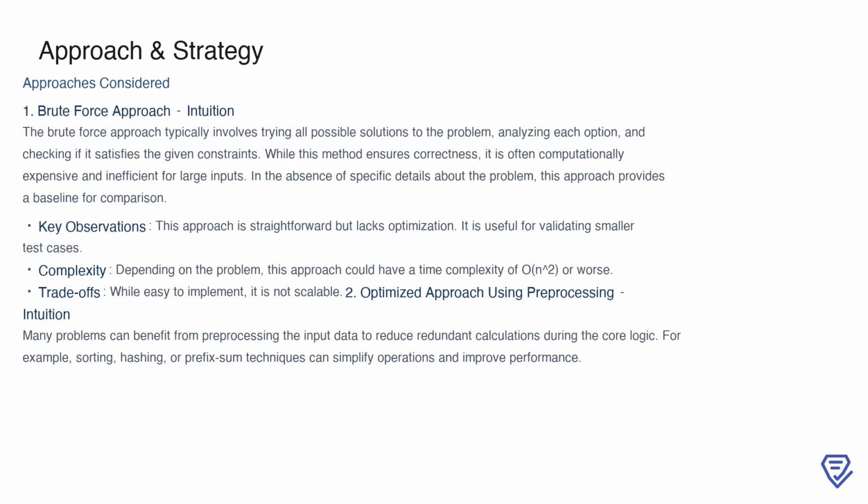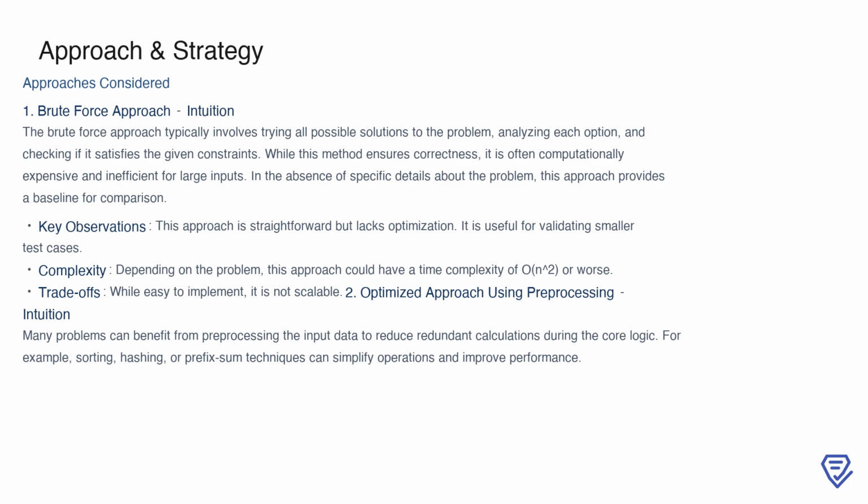When tackling any problem, the brute force approach is often the most intuitive starting point. This method involves exploring all possible solutions, ensuring that each one is checked against the problem's constraints. While this guarantees correctness, it is computationally expensive and becomes impractical for larger inputs. A key observation here is that brute force is straightforward to implement and can serve as a reliable baseline for validating smaller test cases.